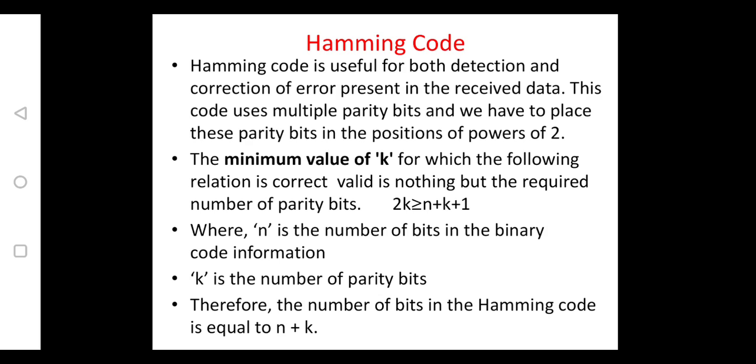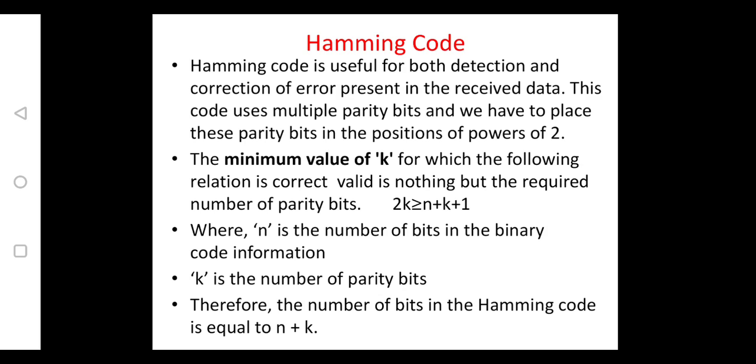So at the transmitter side, we need to generate a code word which consists of original information as well as parity information. There is a procedure for how to write a code word. Then that code word is going to be transmitted.